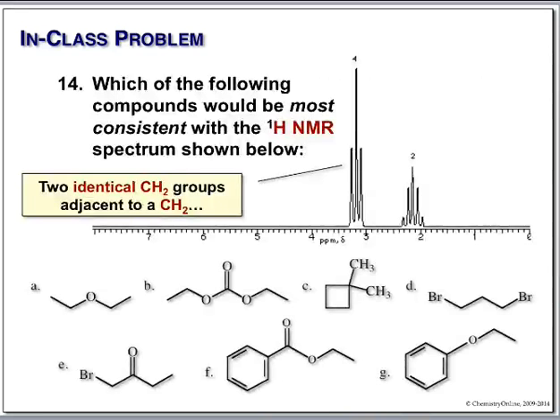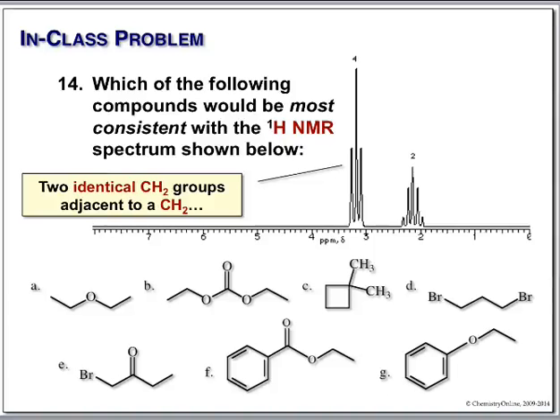This is worth 4 hydrogens. It's a triplet where, because we have 4 hydrogens, we're looking at 2 identical CH2 groups. When I say identical, once again, I mean magnetically equivalent CH2 groups.